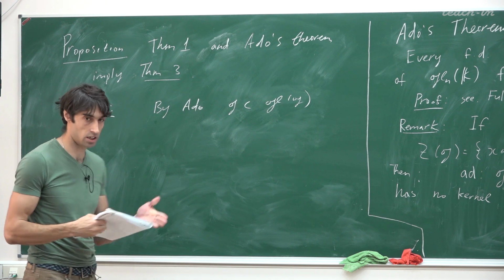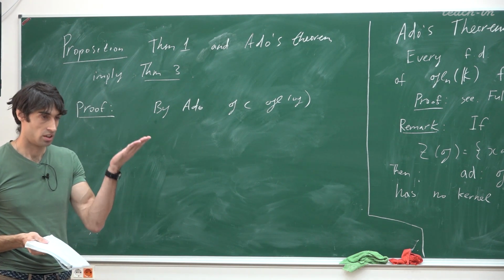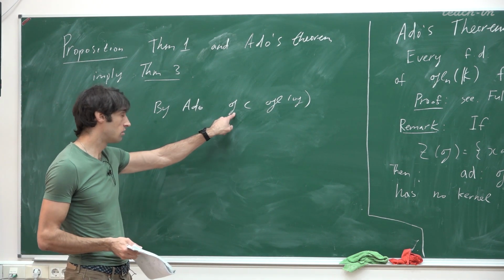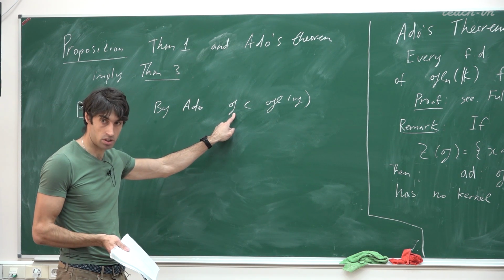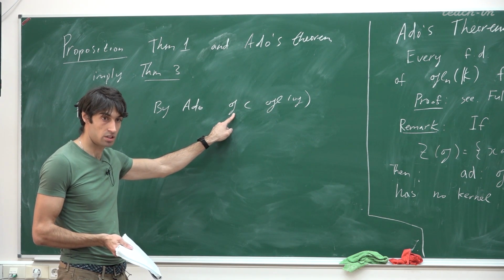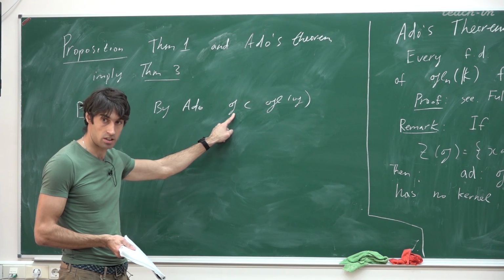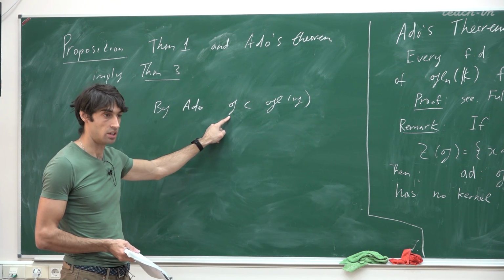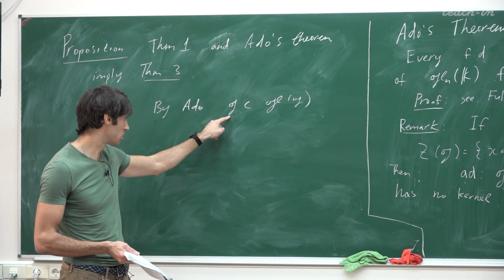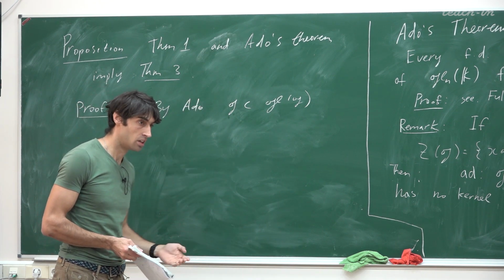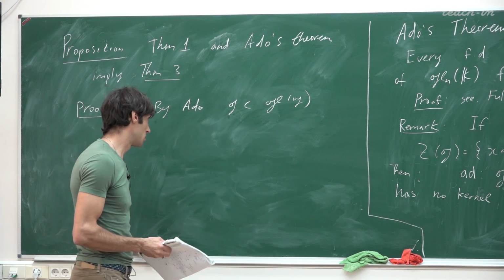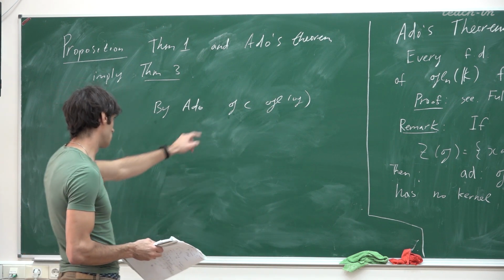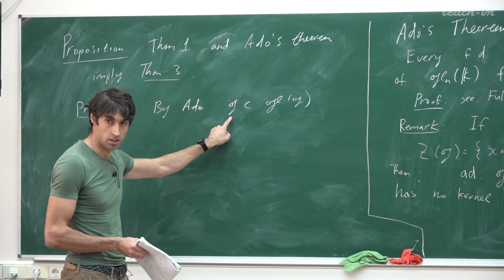So again, theorem 3 says what? If you give me any finite-dimensional Lie algebra, there exists a unique simply connected Lie group with this Lie algebra. And moreover, every connected Lie group with this Lie algebra is a quotient of this simply connected one. So this is the 𝔤 that you gave me.